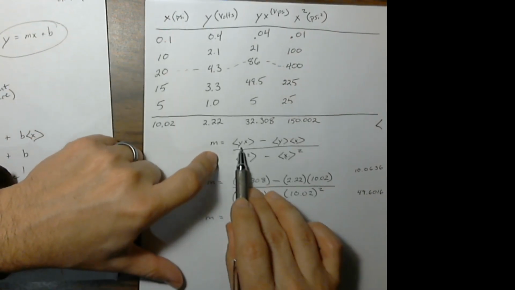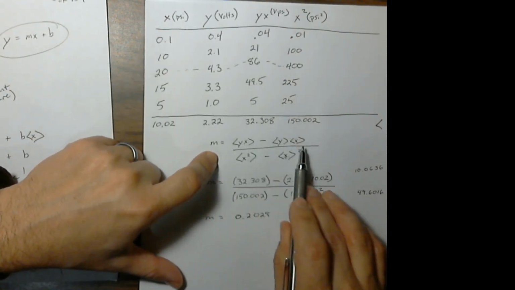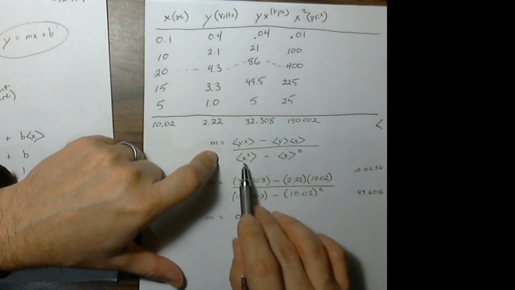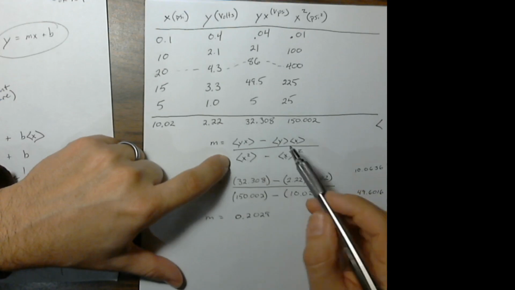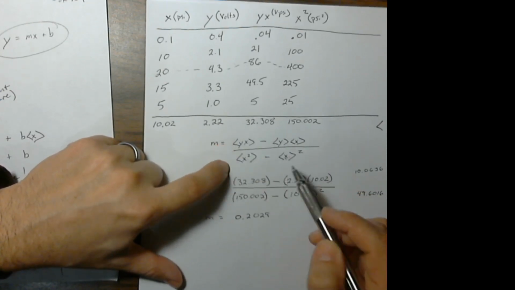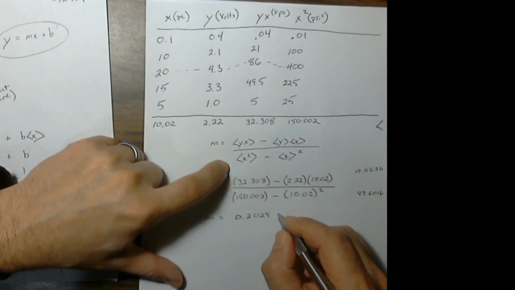So volts times psi divided by psi squared: m has units of volts per psi.